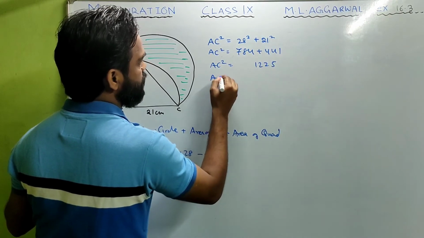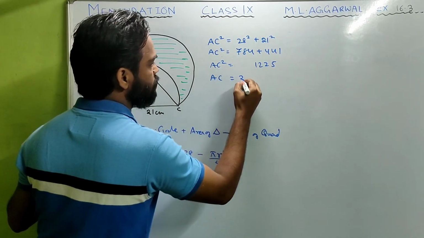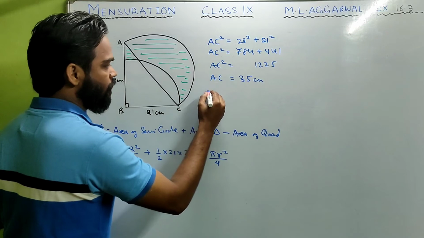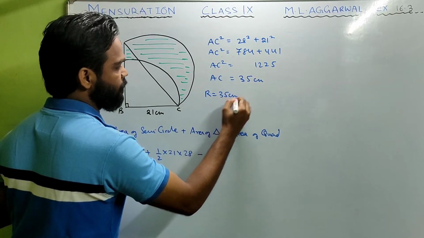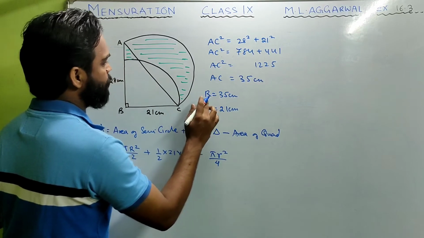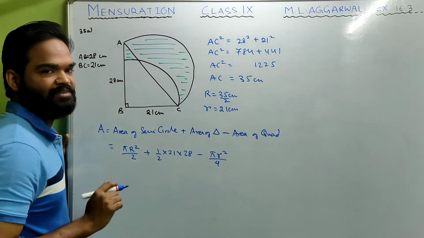Yeah. So AC will be root of 1225, that's 35. Done. Oh sorry, capital R will be 35 by 2 because 35 is the diameter.